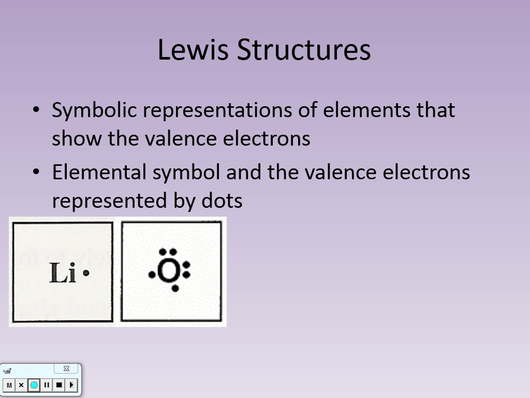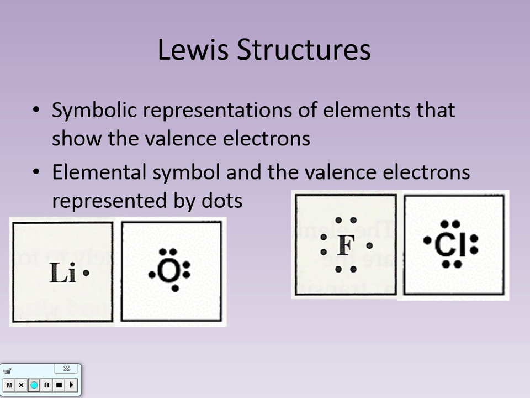Next, what did we say about the number of valence electrons for fluorine and chlorine? 7. They both have the same number of valence electrons, so their Lewis structures look the same, except that one has F in the middle and one has Cl in the middle.